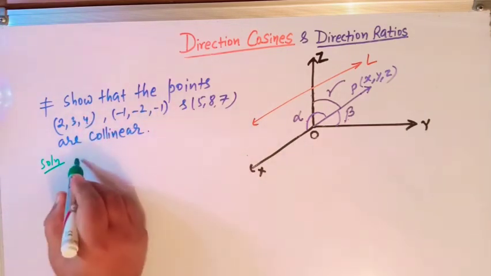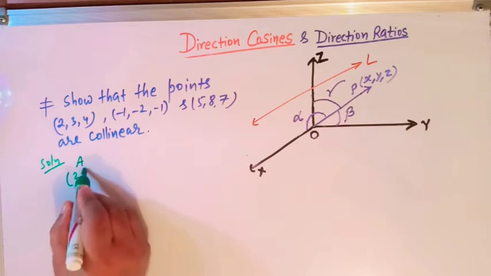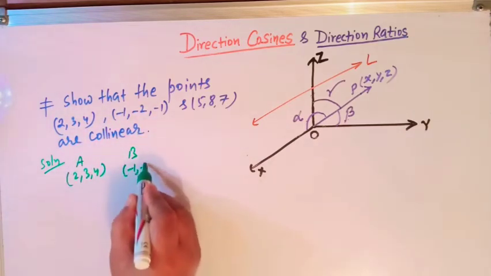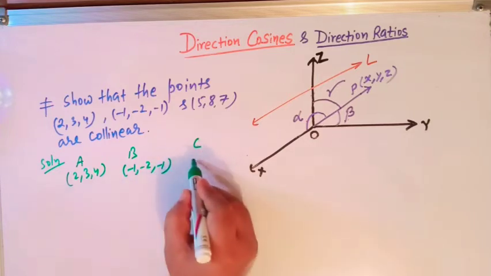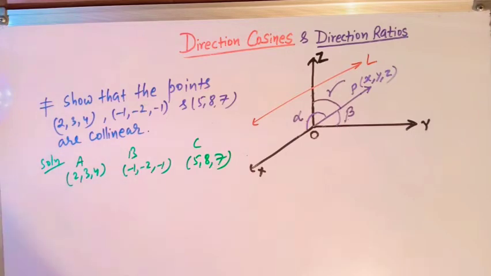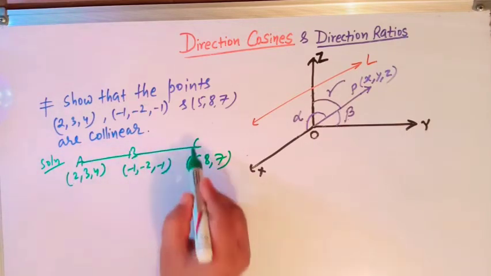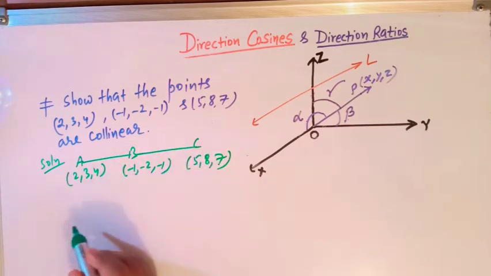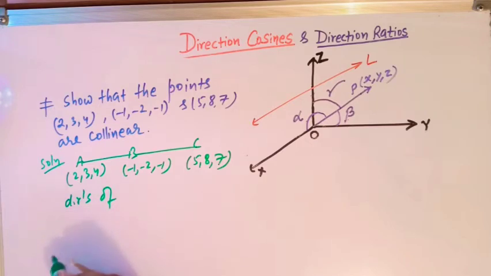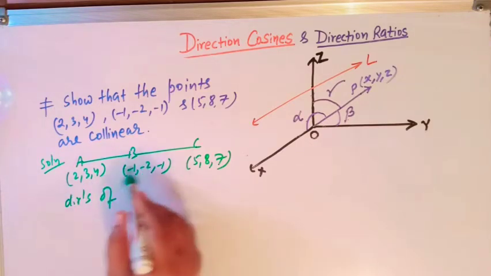Here we have to show that these 3 points are collinear, right? So we have denoted these points by the letters A, B and C, and we have to show that these 3 points are collinear. So what we will do, we will first find the DRs of AB.